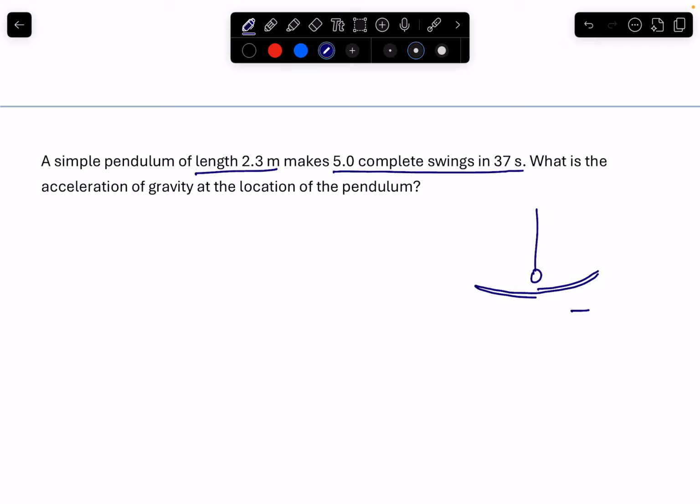That happens within time T, which is the time period of a pendulum. In this case, 5 times T is equal to 37 seconds. So T is equal to 37 by 5, so 7.4 seconds.